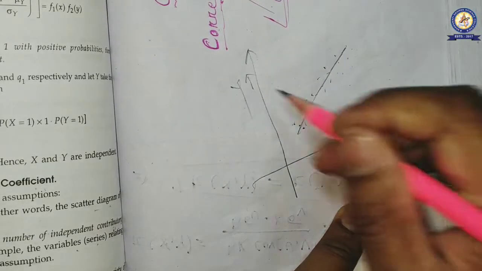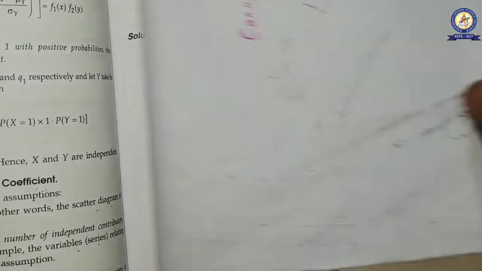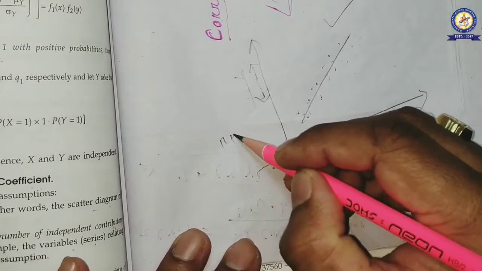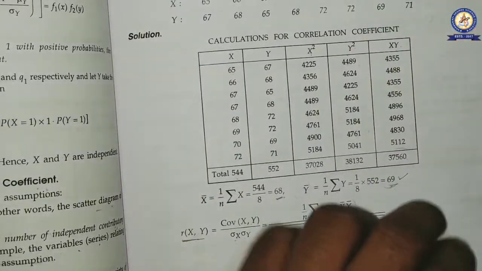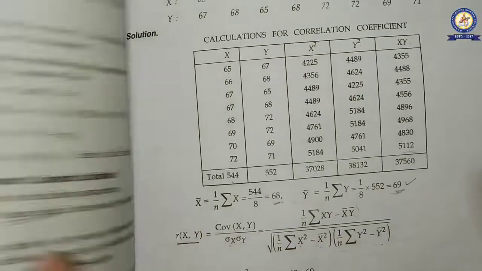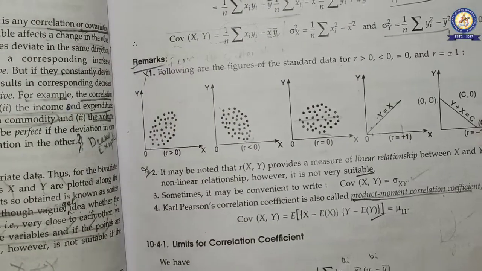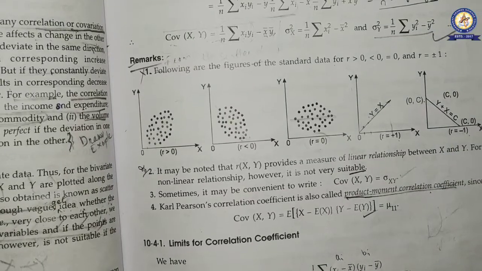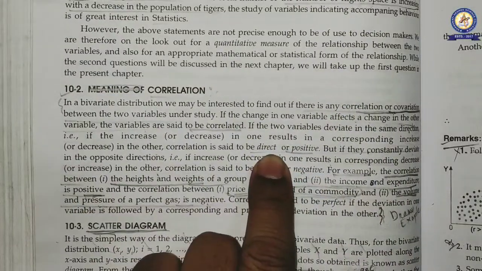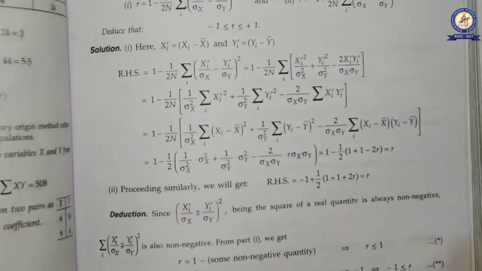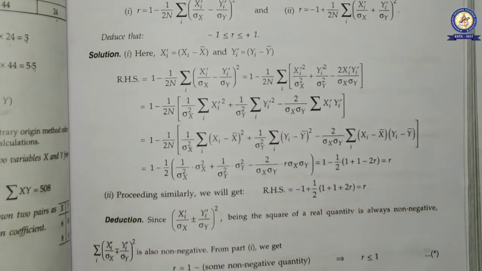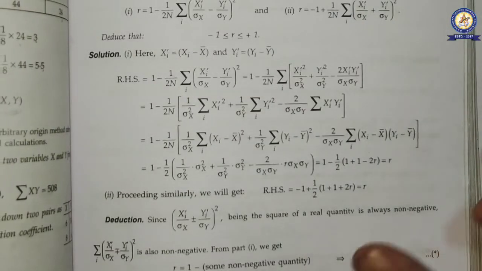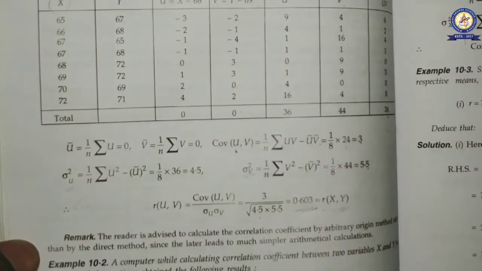If x decreases, y decreases. So if r is positive, what we found, that is your 0.68, then this will be called a positive correlation coefficient, or you can say direct correlation coefficient.